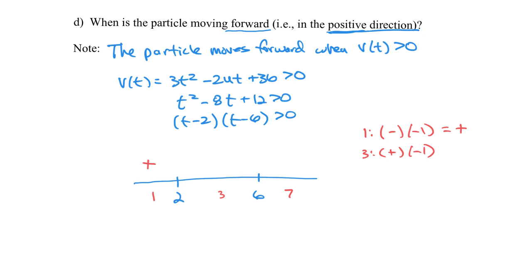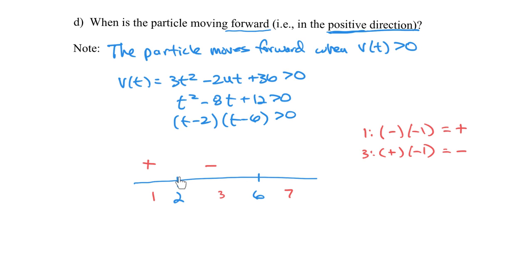And then when I multiply those two numbers together, I get positive times negative, so I'm going to get a negative. Which means that velocity on this region is negative, which means on this region, from 0 to 2, because we start at time 0, from 0 to 2 seconds, the particle is moving forward.